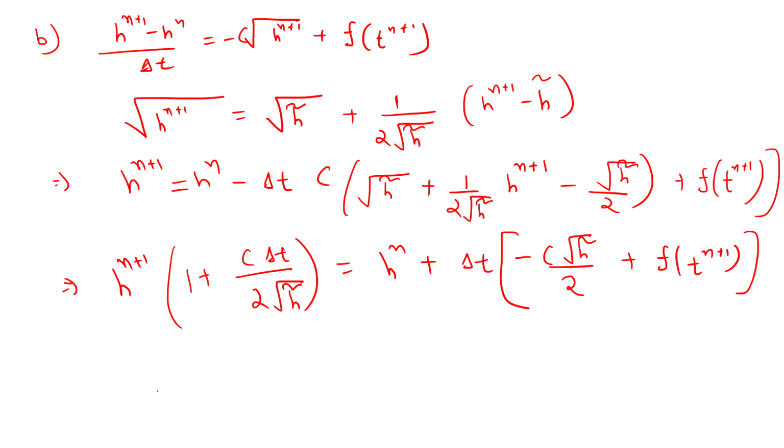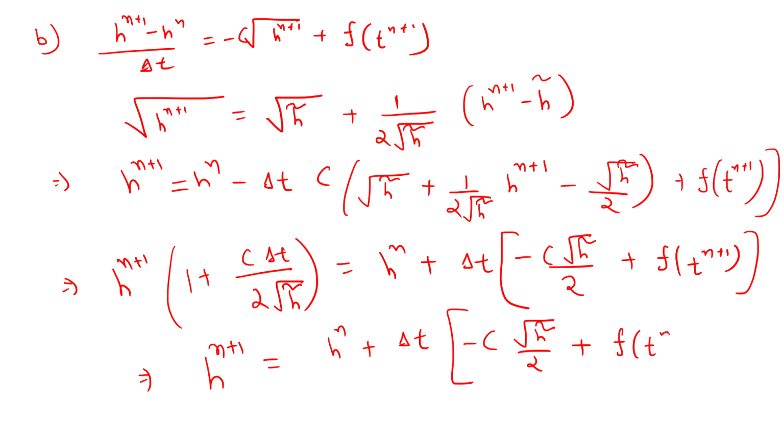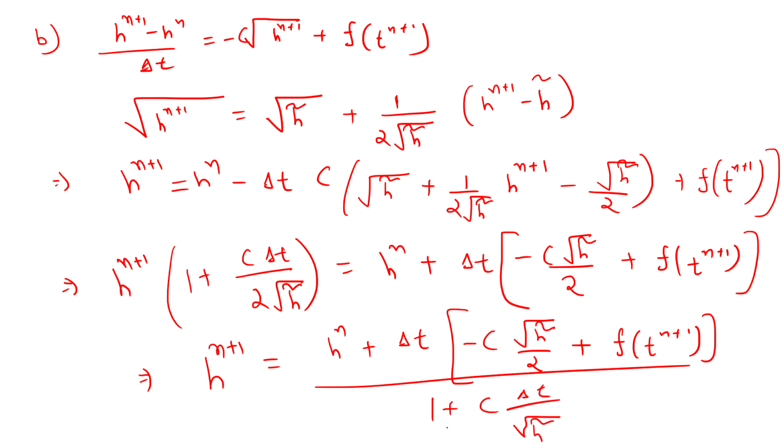This implies I have an expression for h^(n+1) equal to h^n plus delta t times (minus c root h tilde divided by 2 plus f of t^(n+1)), divided by (1 plus c delta t upon 2 root h tilde). So remember what we will do: this is like a Picard iteration type of approach.